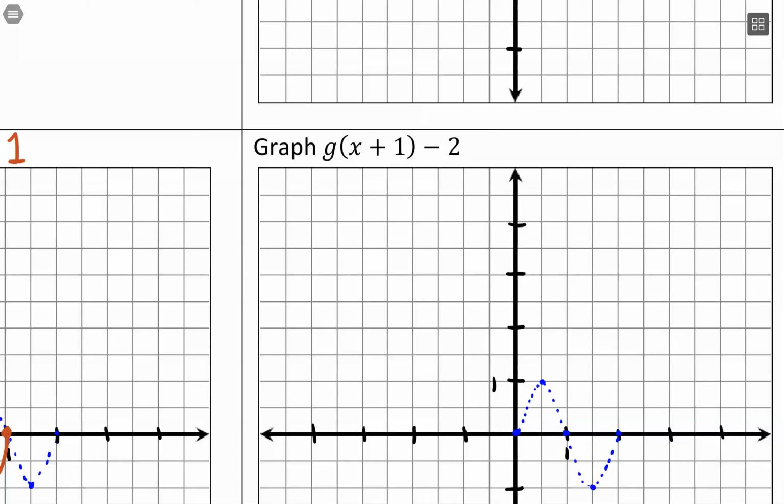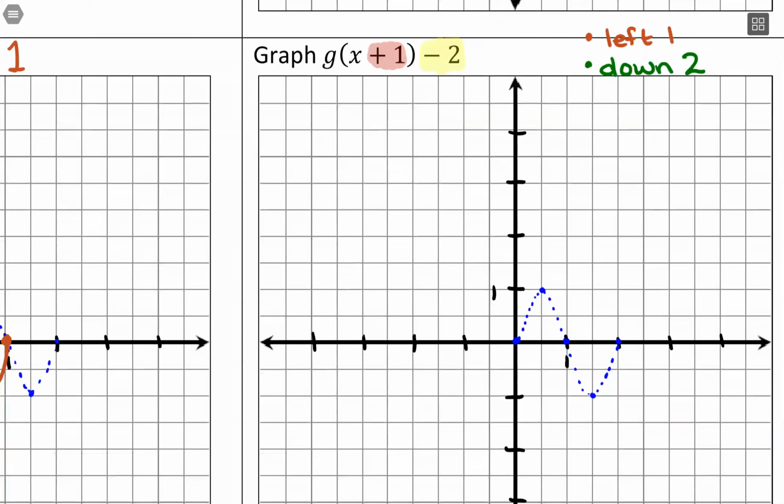So let's do the inside first. My first step: +1, so that'll be left 1. And then we'll do the outside, so the subtraction of 2 on the outside is a vertical shift. And it's negative, so we'll be moving down 2.